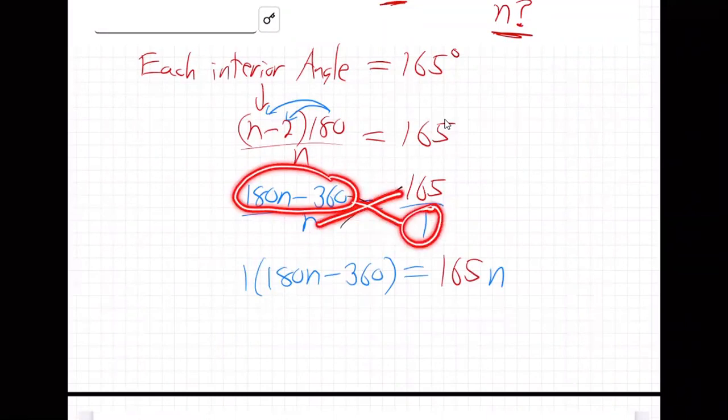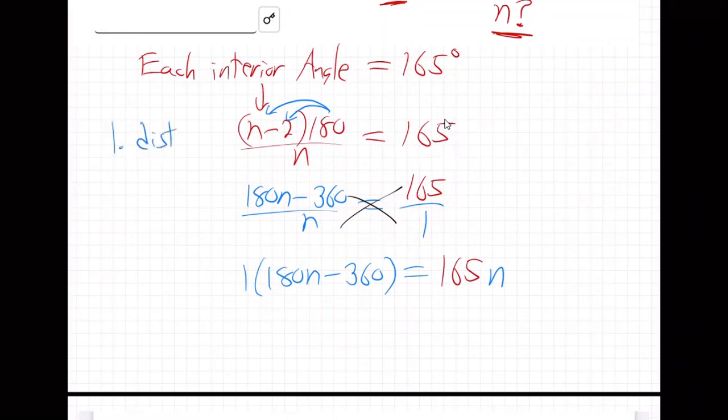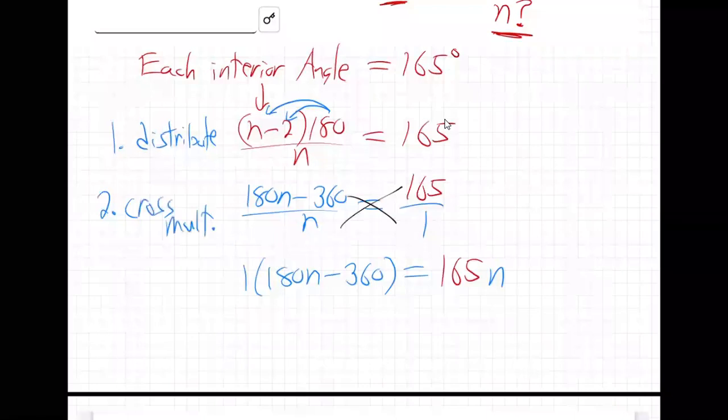Diagonal, cross multiply. So step 1, distribute. Step 2, cross multiply. And then step 3, distribute again.